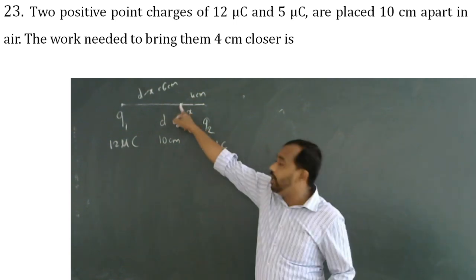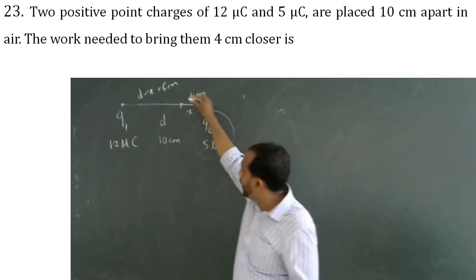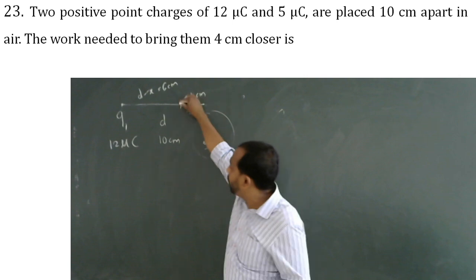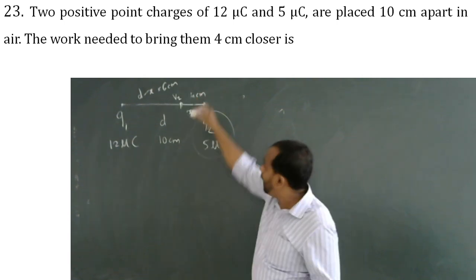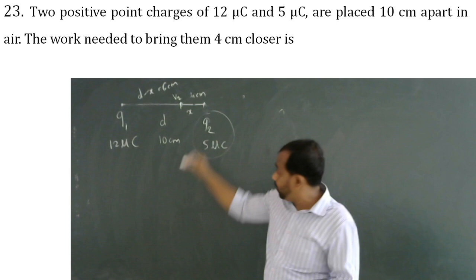Since this point is at higher potential compared to the other point which is further away, forget about the presence of Q2. We try to find out the potential at the final position, which is represented as V2, due to Q1, and at the initial position, which will be represented as V1, again due to Q1 only.